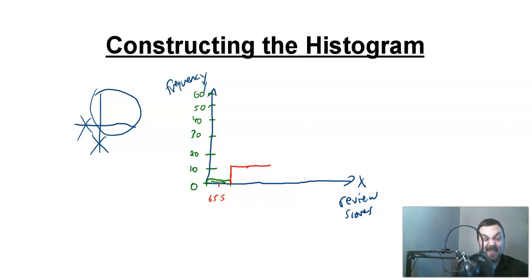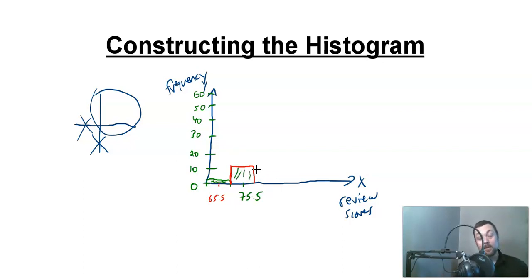So if you do something like this for your second bar, you're going to lose a point for that because this bar is way wider than this one, and it doesn't look like you really cared about it. So try to get it in the neighborhood of the same width. So maybe something like this that looks about the same width there. And again, we will label the middle of this bar with the class midpoint, which is 75.5. All right. And so that's going to be the second bar.